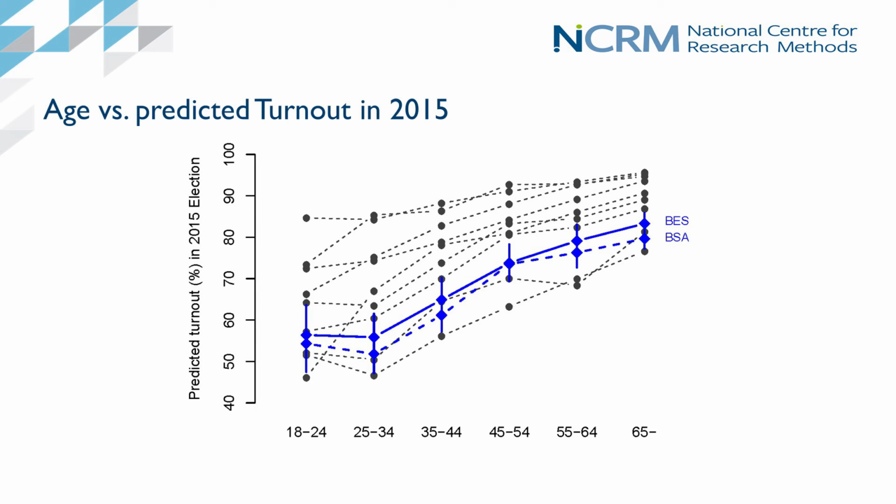There are some differences in the gradient. For some of them, the age gradient matches the truth more closely than others. Some are quite flat, in the sense that the association between age and turnout is not quite as in the population. But that's a subject for further work, so I'm not going to focus on that. So that's a second example of things that we can see not being quite right.